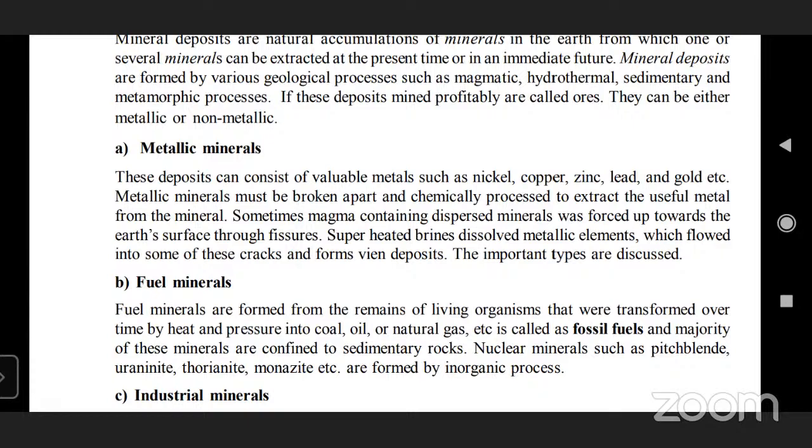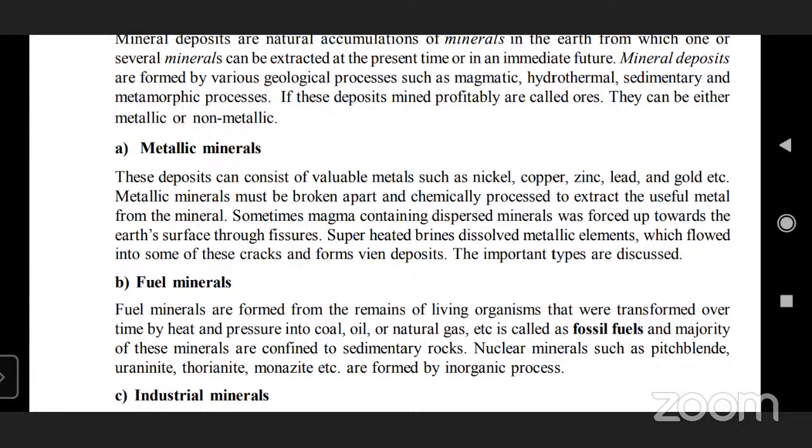Sometimes the magma containing dispersed minerals was forced towards the Earth's surface through fissures. Superheated brines dissolved metallic elements which flowed into some of these cracks and formed vein deposits. The important types are discussed.